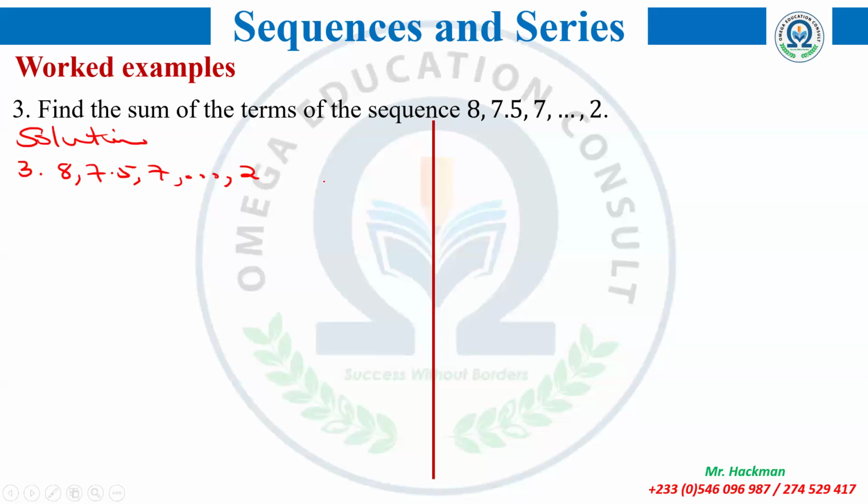So this is a finite sequence. You are finding the sum of the terms of the sequence. We are going to pause, think through, and when you come up with your way or suggestion, then we'll look at it together.